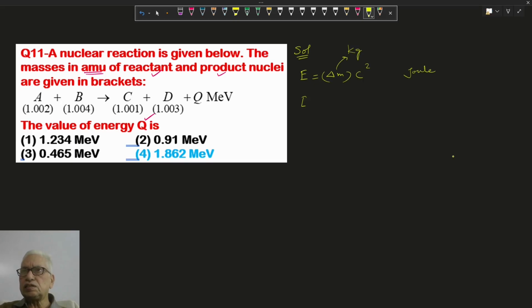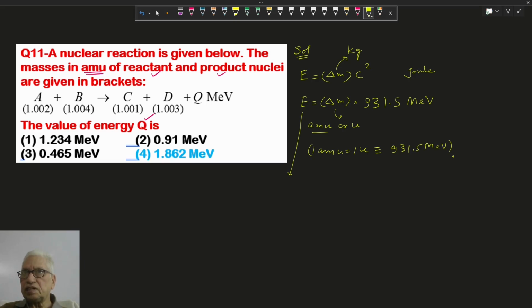If delta M is represented in AMU mass, or u, sometimes only u is written for AMU mass, the conversion here is 931.5 million electron volt.